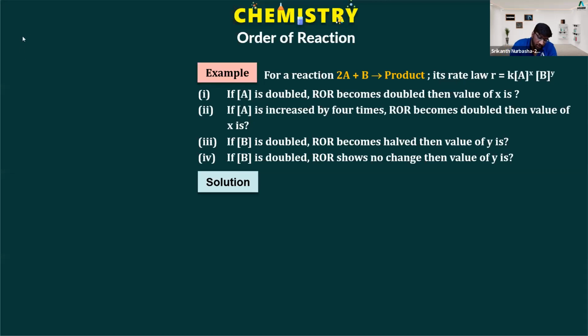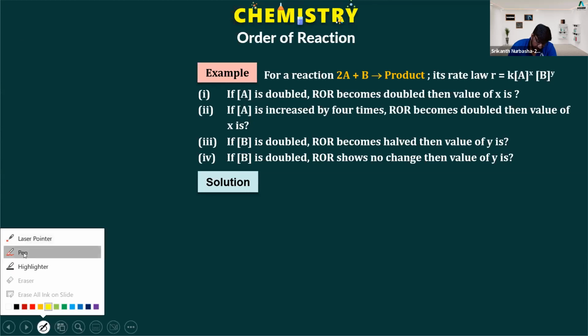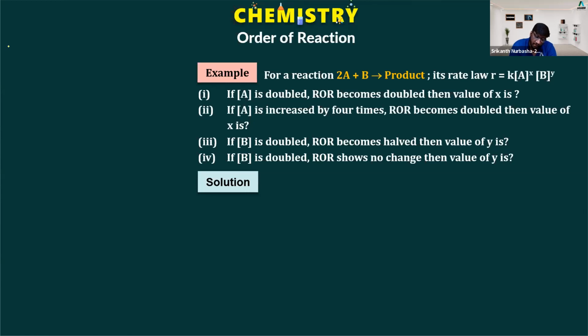So your expression: R1 is equal to K into concentration of A whole power x into concentration of B whole power y. Concentration of A is doubled, rate of reaction becomes doubled. So 2R1 is equal to K into 2 power x into concentration of A power x and concentration of B power y.